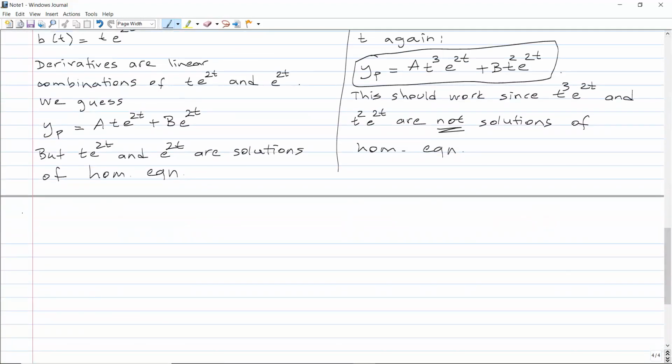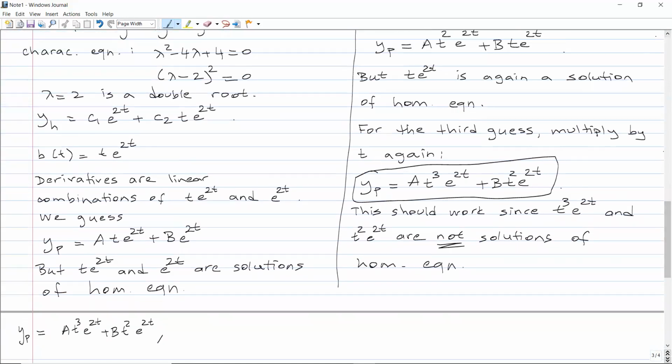So let me write the general form of yp again here: a t cubed e to the 2t plus b t squared e to the 2t. And let's remember the original equation. What is our equation?